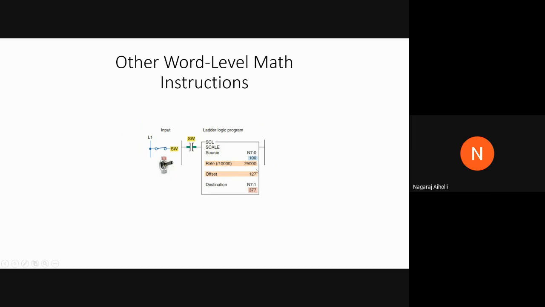So 100 into 25,000, that divided by 10,000, that plus 127. The answer will be 377. So this is called the scale instruction. It is meant to either increase smaller values to larger values, or to obtain smaller values from larger values.